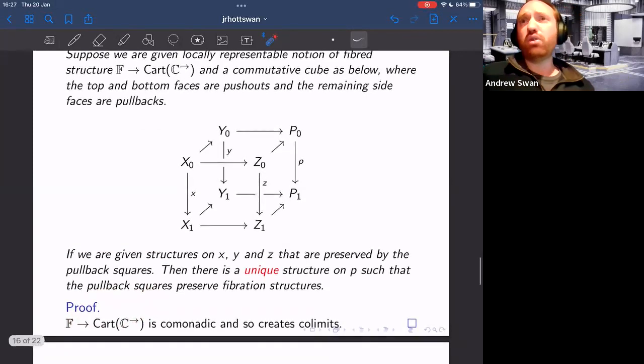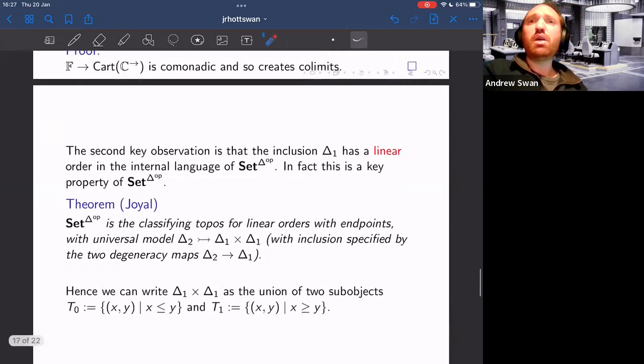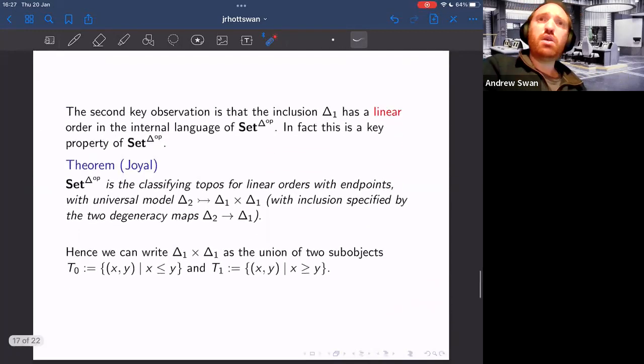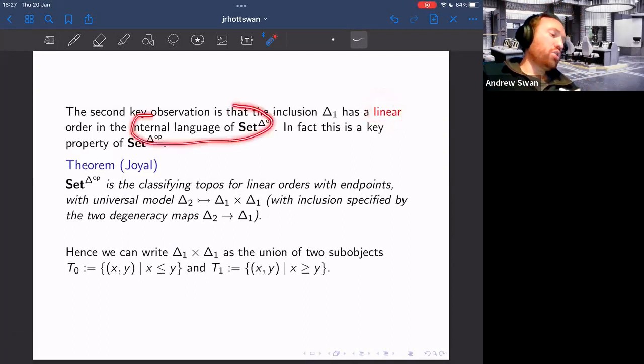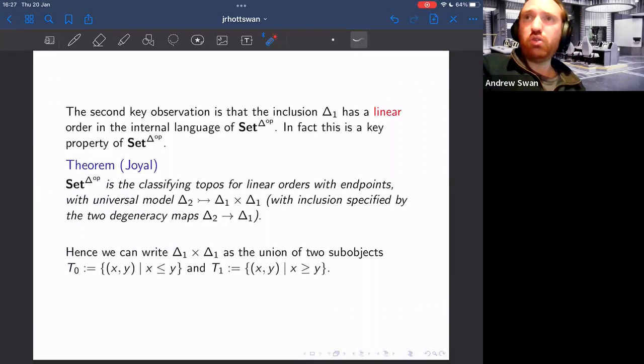That's what it means to create pushouts for this functor. And this is what fails for simplicial sets for the fibration structures that I gave. I don't think I have time to go over the proof, but the key point why this applies to simplicial sets and not cubical sets is that the interval object has a linear order in the internal language of simplicial sets.